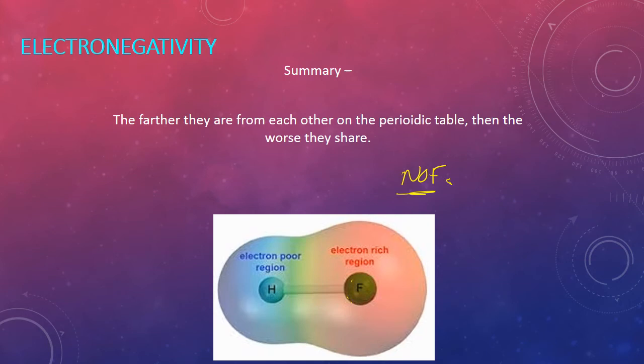Fluorine here is stealing all the electrons that are available to the two of them away from hydrogen, which means this side of the molecule ends up negative and this side ends up more positive. So that's why we call this one polar. If you can see, there's a pole on this side and a separately charged pole on that side. They're still sharing, so that's why it's called polar covalent.